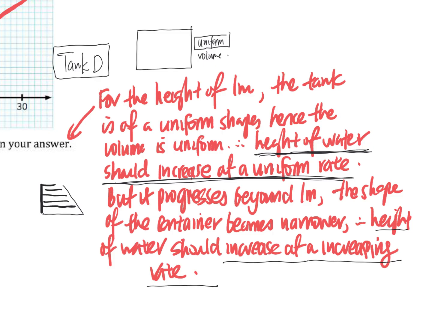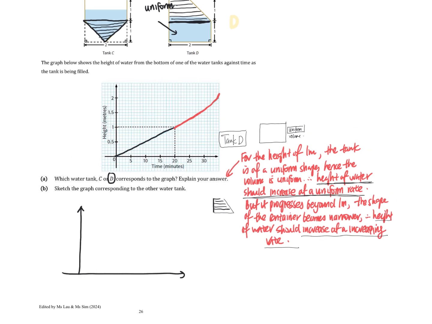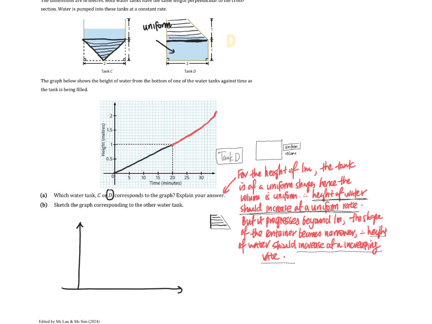Okay, so last one, they ask you to sketch out the height increase. So remember for this one, for the height of 1 meter, you should not take 20 minutes because the volume is half. You take half of this volume because this is the same rectangle but you only fill up half of it.